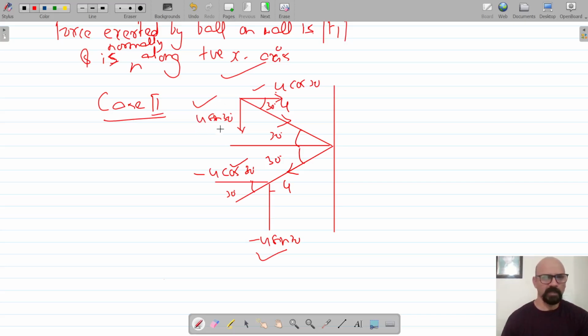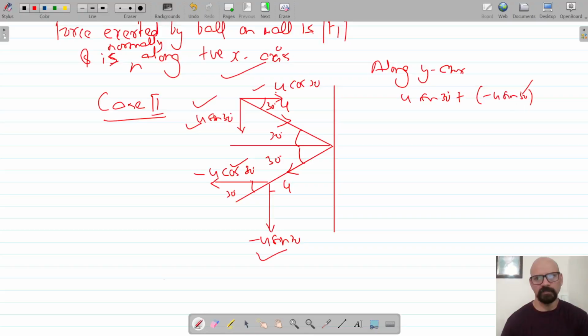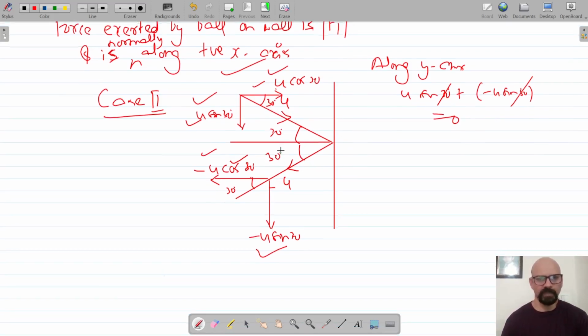So the net velocity along the y-axis is u sin 30 plus negative u sin 30, which gets cancelled. This is equal to 0. So that means only the horizontal components are playing the role in reflecting the ball at an angle of 30 degrees.